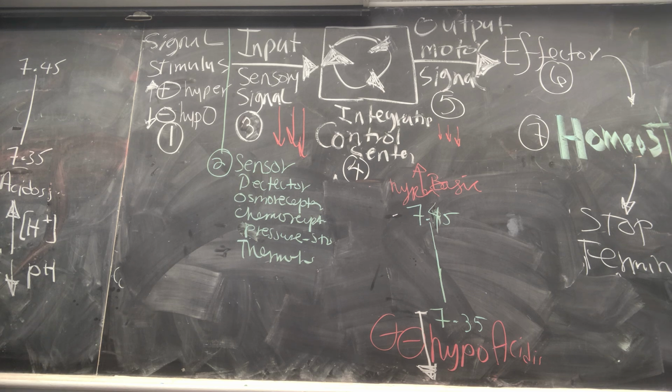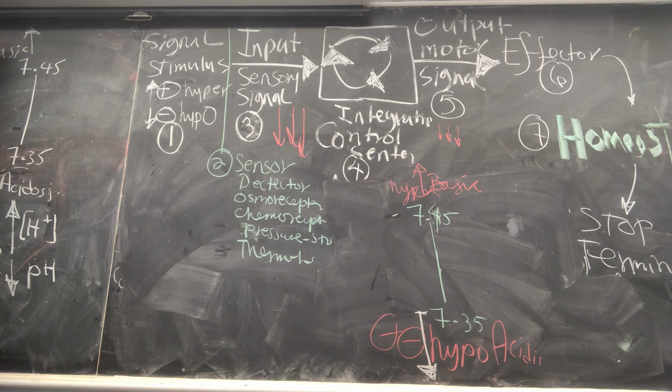Okay. So acidosis means high concentration of hydrogen proton. It means low pH. It means low OH. For basic up here, it means low H plus. It means basic.